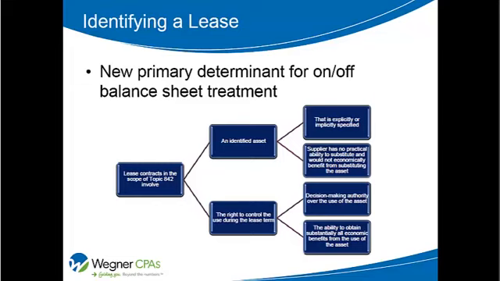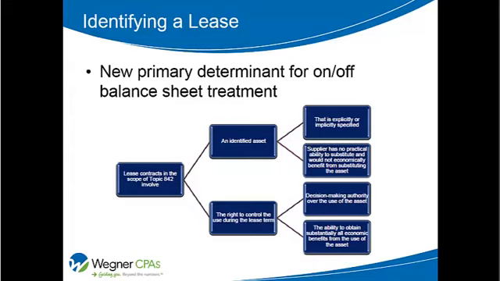And most likely, why would I substitute a vehicle unless you're going to give me a newer, nicer vehicle? And then that would not economically benefit the leasing company. So again, you have to have an asset that's explicitly or implicitly specified, and the supplier has no practical ability to substitute and would not economically benefit from substituting the asset. So that's the asset part.